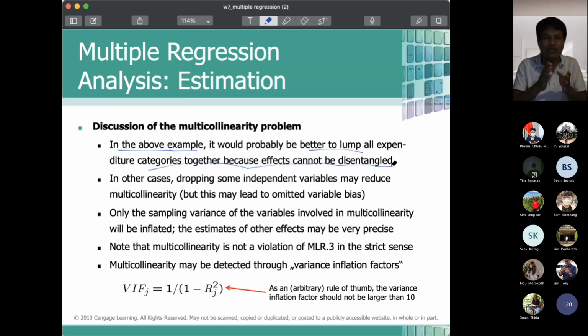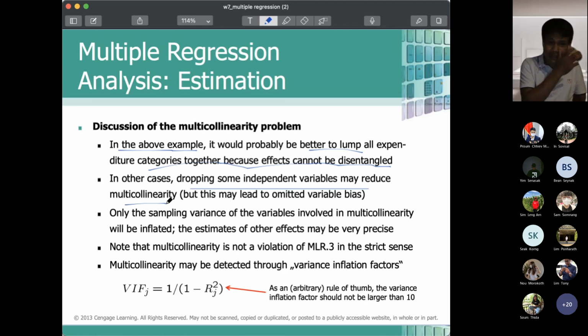In that case, you do not have to separate expenditure on teachers, structural material, and other items. So the first way to address that issue is to change your research question or objective. Another way, you may need to drop some independent variables that may reduce multicollinearity.